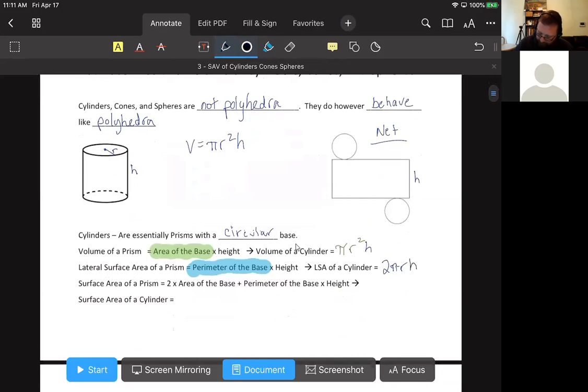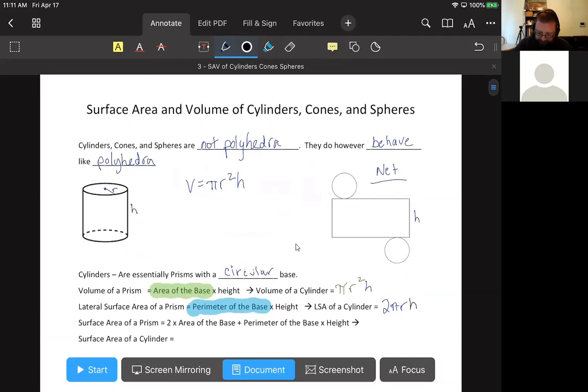So 2 pi r h. So the lateral surface area is 2 pi r h, because this length along here is the circumference of the circular base, which is 2 pi r.